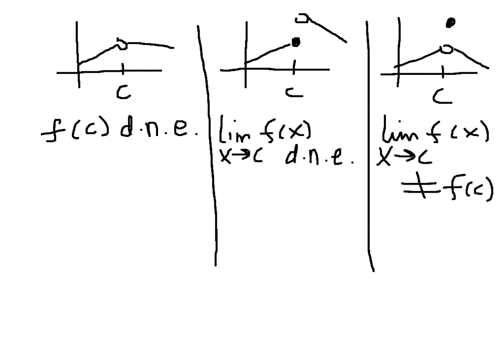And when you're asked whether a function is continuous or not, and you decide that it's not continuous, there are only 3 possible reasons for why a function won't be continuous. Either the function doesn't exist at the point, the function fails to have a limit at the point, or the function does have a limit at the point, but that limit does not equal the value of the function at that point.